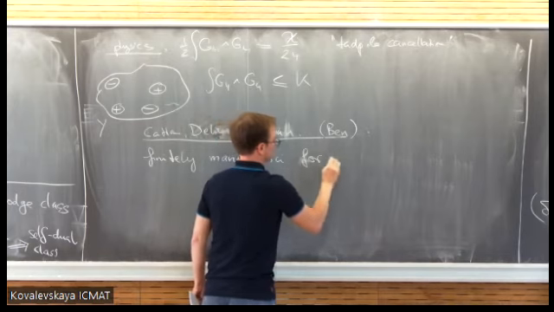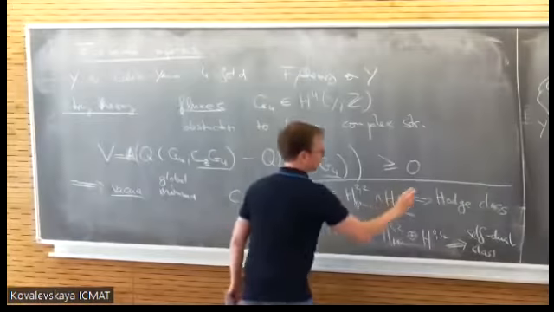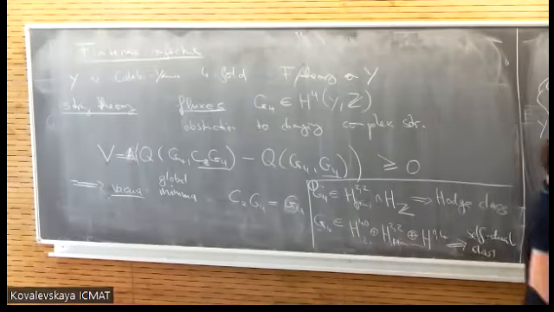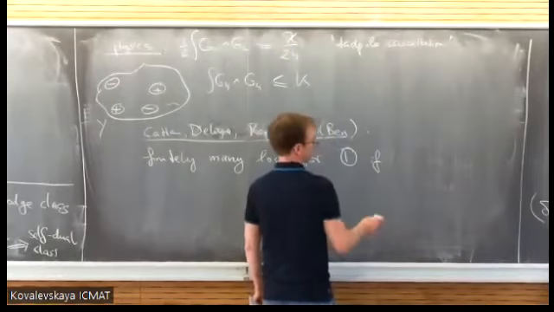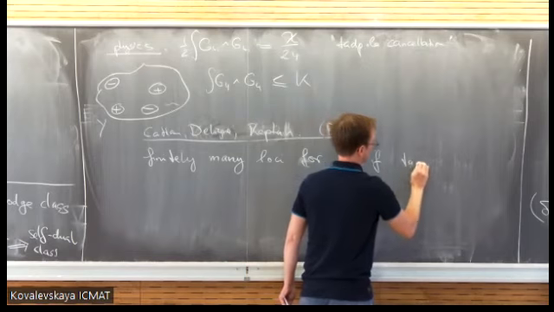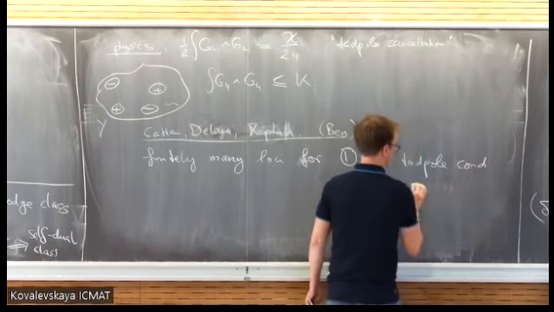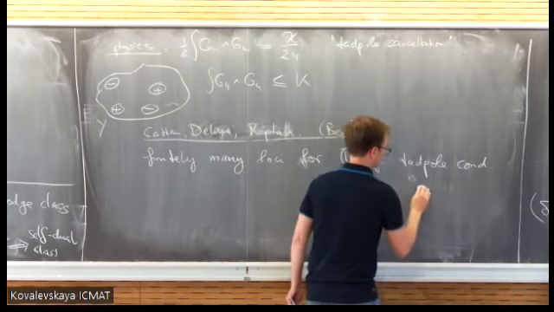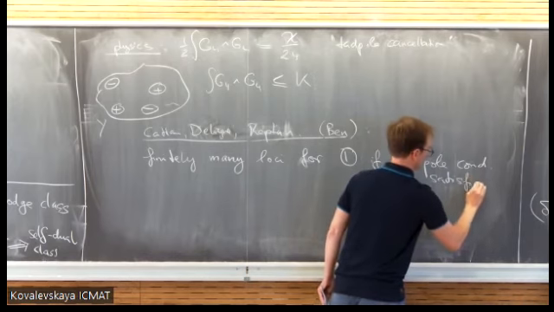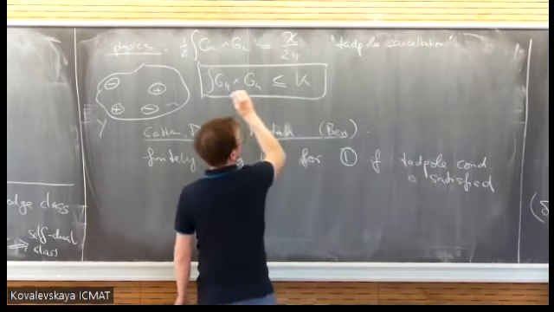Finitely many loci for property 1, if the tadpole condition is satisfied. What is this tadpole condition? It's this condition.